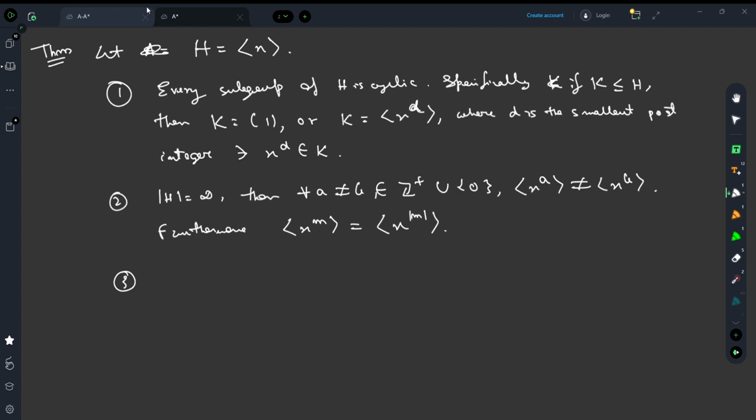Now we have a stronger statement than this, than two, or I shouldn't use the term stronger statement, but I should use the term a structurally similar statement. That is, the proof of 3 is structurally the same as the proof of 2.